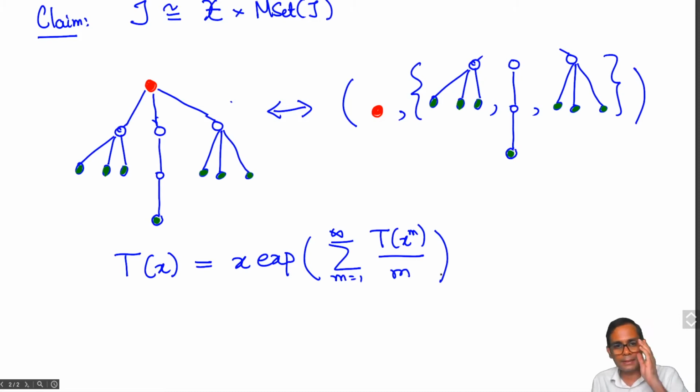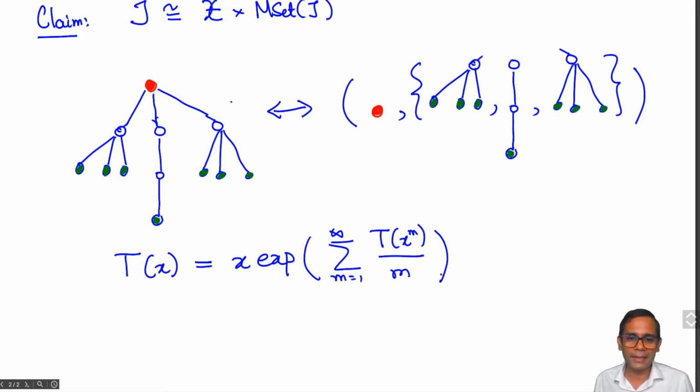Now I don't know a nice way to solve this, but certainly you can expand both sides and solve for the coefficients of different powers of x, and thus get some sort of recurrence relation, expressing the number of trees of size m in terms of the number of trees of smaller size.